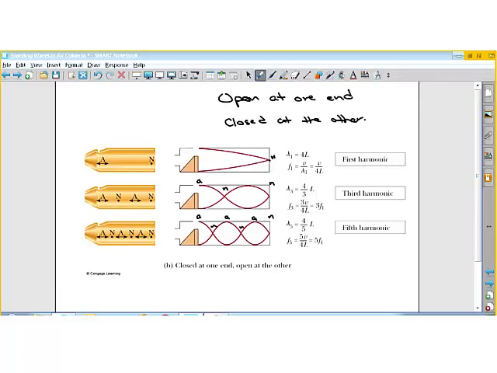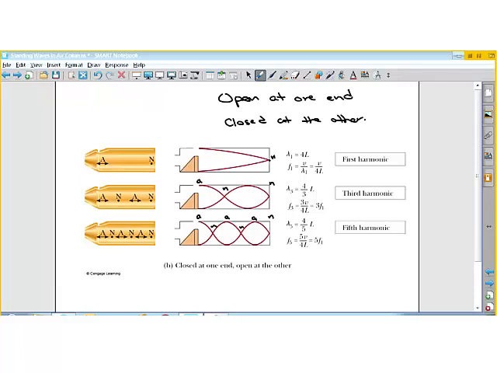But in the previous case, we had 2 open ends, so we had antinodes here and here. But at solid surfaces, you can only have a node because the surface doesn't move. So the pressure here stays the same. It varies the maximum here.